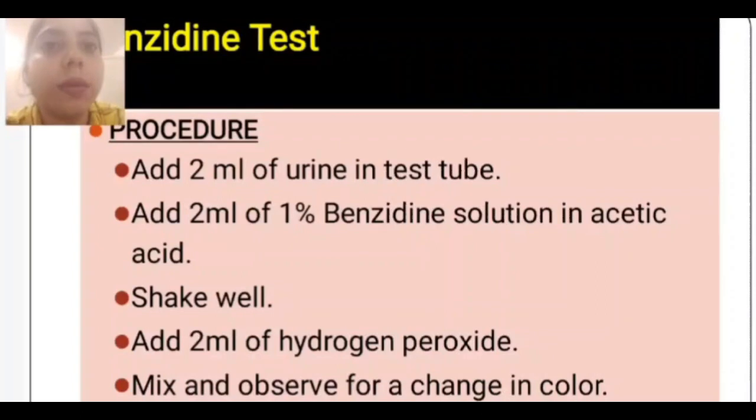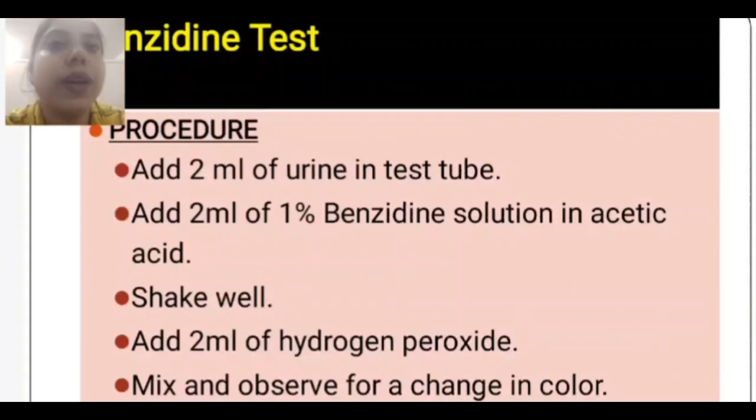Basically when the RBCs get hemolyzed, they start appearing in the urine sample. It could be because of incompatibility of blood transfusion, hemolytic anemia, and because of some drugs which are responsible for the hemolysis of RBCs.